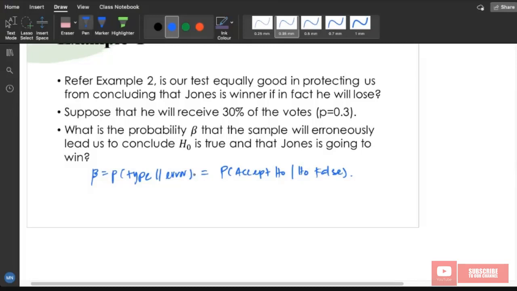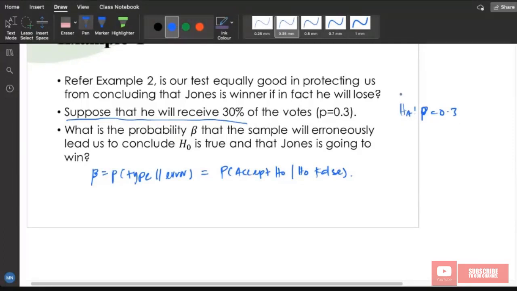So the value of the test statistic is not in the rejection region when the alternative hypothesis is true, which is 0.3, right? This is the claim that he will receive 30% of the vote, which means this is the alternative hypothesis, P equal to 0.3.